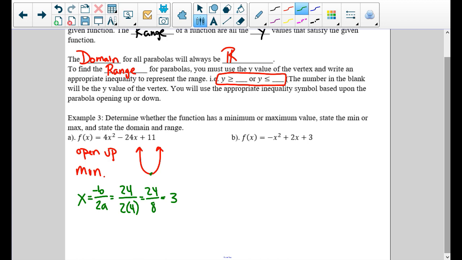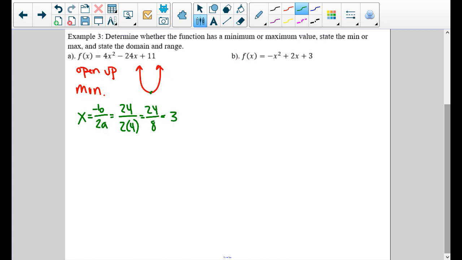Plug it back in. So plugging this back in, 4 times 3 squared minus 24 times 3 plus 11. 3 squared is 9 times 4, 36.